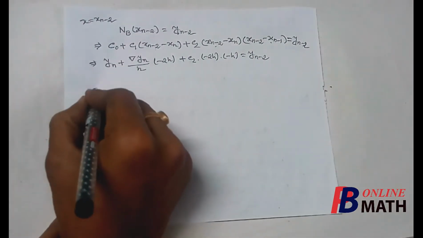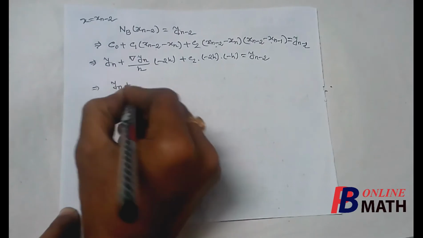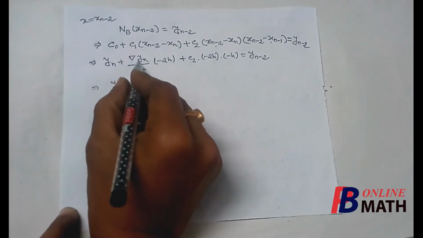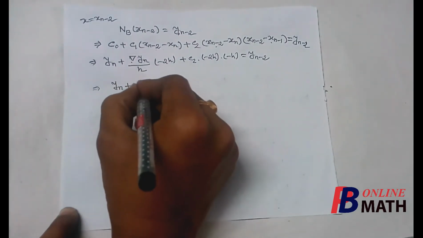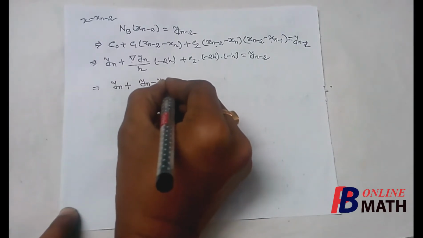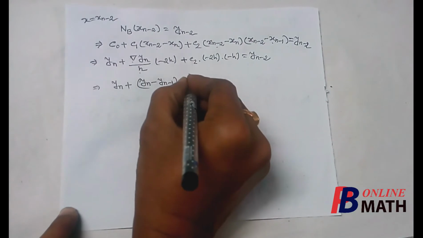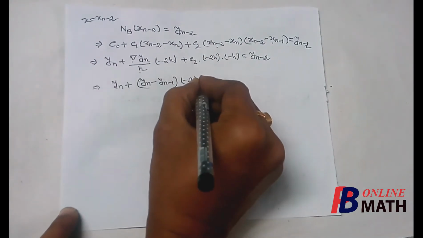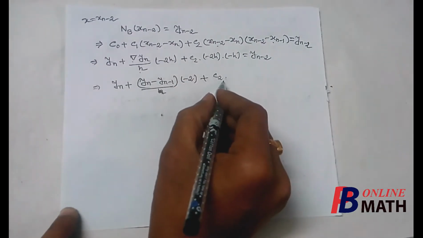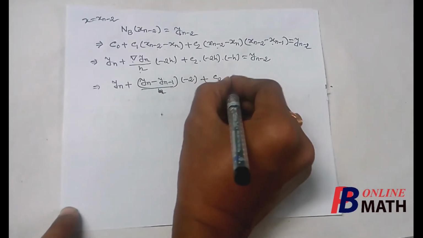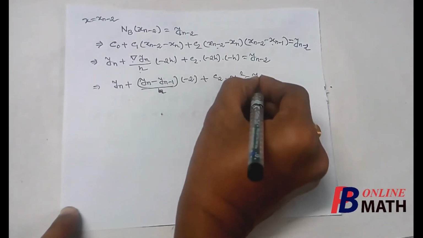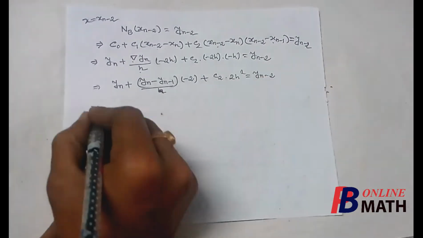So this is equal to yn minus 2. Now this is equal to yn. Now the backward difference of yn is equal to yn minus yn minus 1, and if we cancel h, we get minus 2 plus c2 into 2h square is equal to yn minus 2.